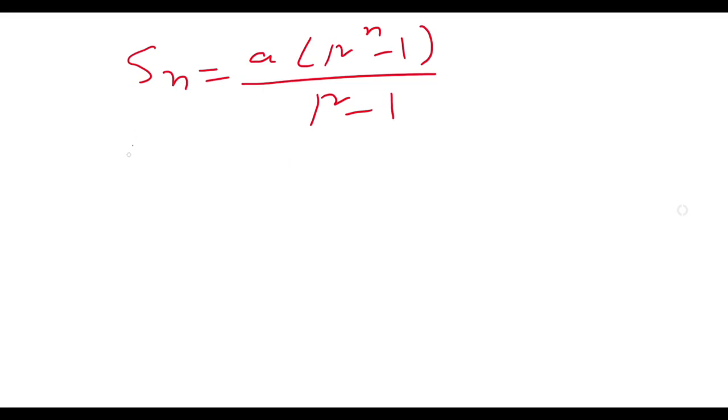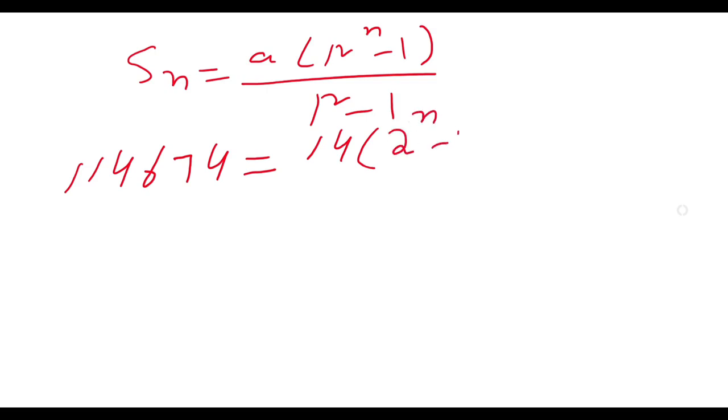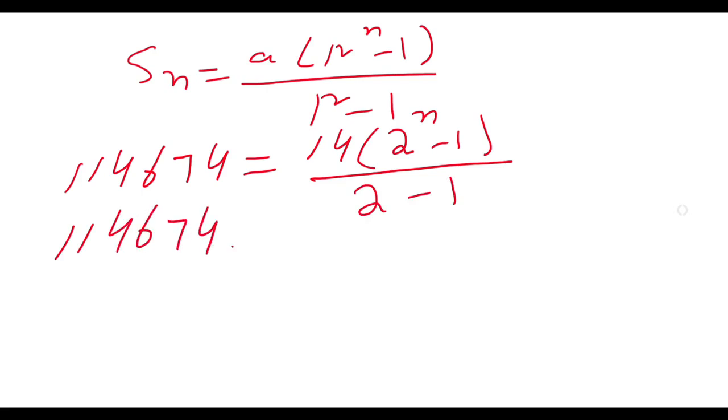Sn total, already given to us, is 114,674, equal to the first term 14, and the ratio we earlier found, 2, so (2^n minus 1) over 2 minus 1. Simplify: 114,674 is equal to 14(2^n minus 1), because 2 minus 1 is 1 and dividing by 1 gives the same.